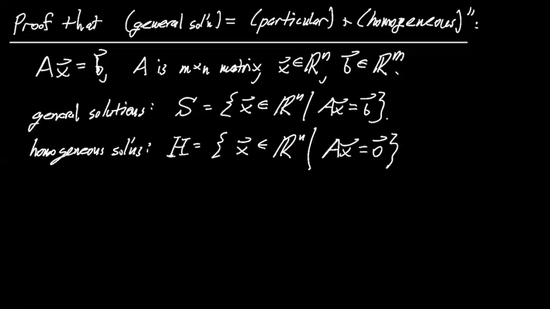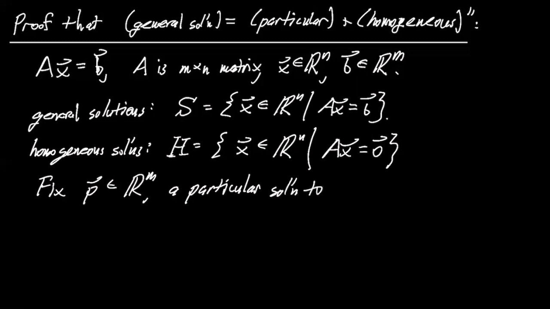And let's fix P in Rn, a particular solution to Ax equals b. So what that means is that A times p equals b, right?